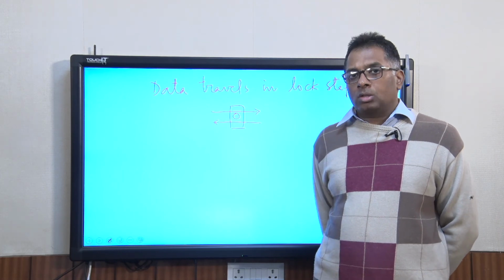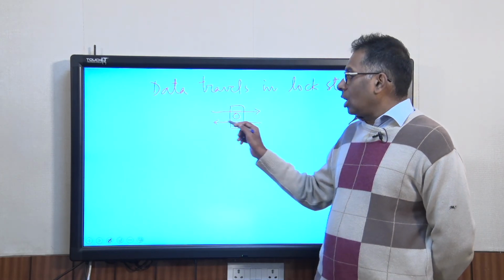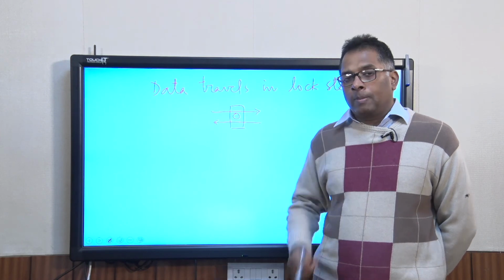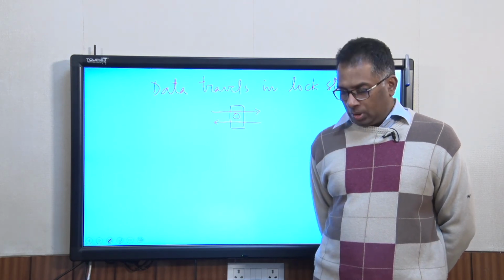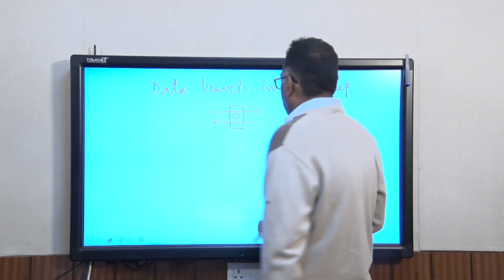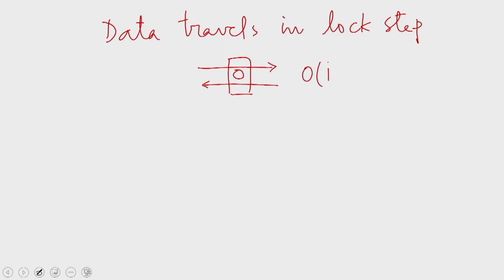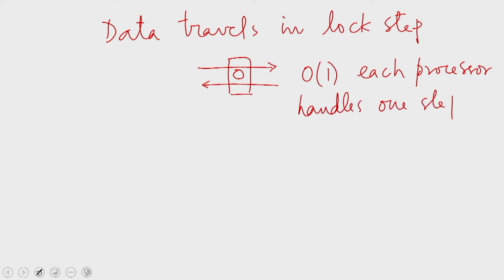So, after checking this, the data will be sent out along the appropriate edge in the second part of the step. So, in order of one time, each processor handles one step of the data movement.